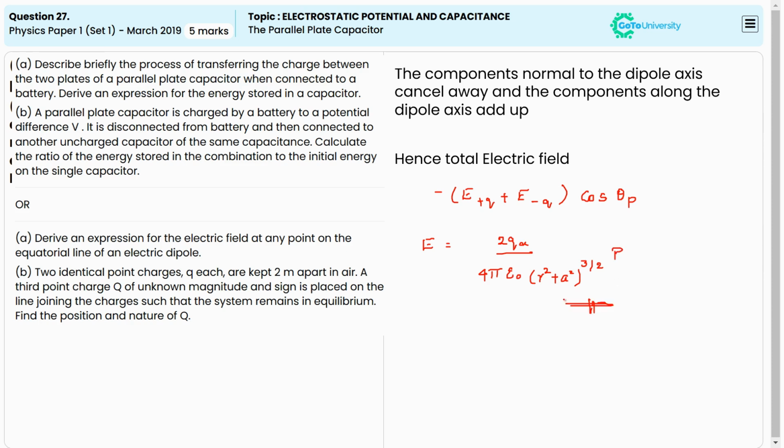This is the expression for the electric field at any point on the equatorial line of an electric dipole.